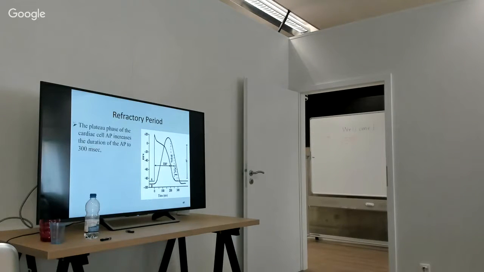It's different from skeletal muscle. We have the plateau that lasts 300 milliseconds, and the refractory period that lasts more than 250 milliseconds, compared to 1.5 milliseconds in neurons and skeletal muscle fibers.